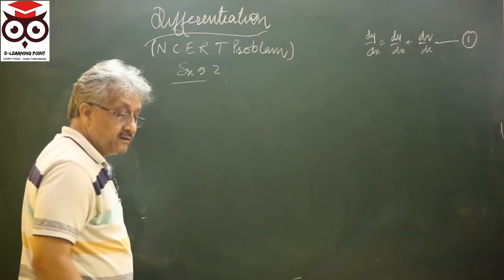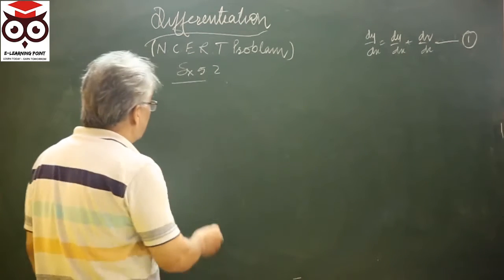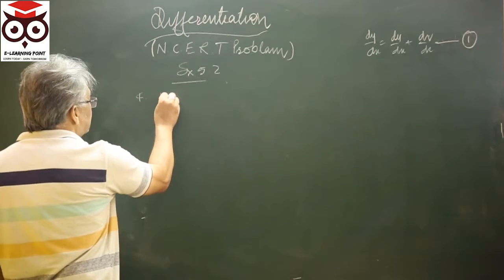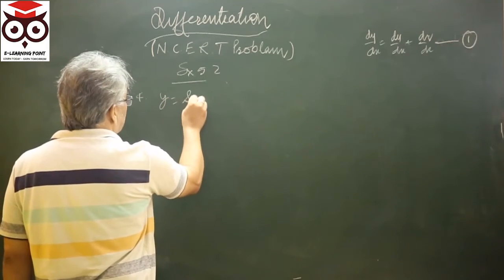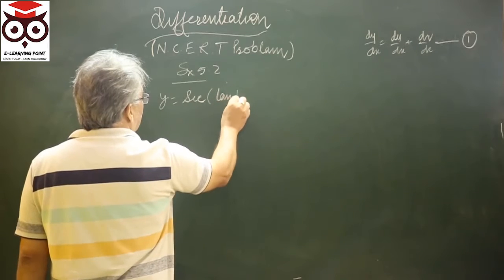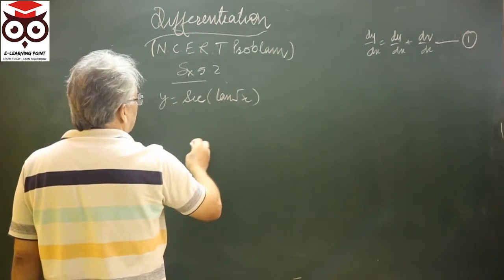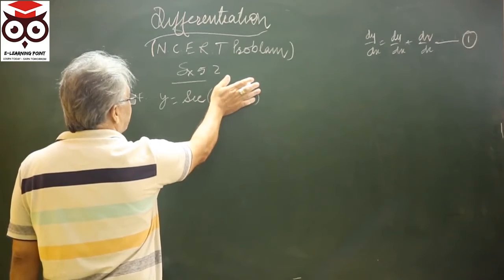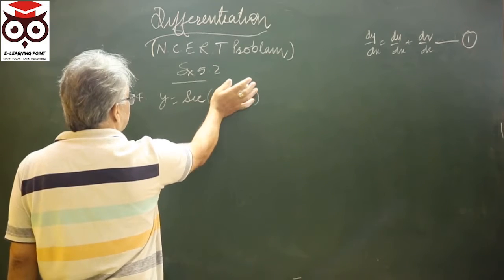This is question number 4. Y is equal to sec tan root x. So I will use a chain rule here. Suppose this is sec.